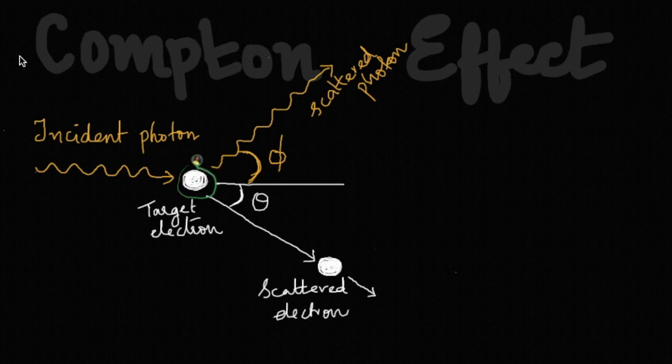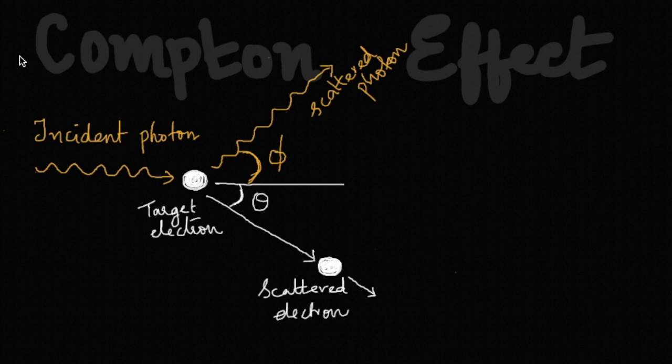You can see that after the collision between the two, the incident photon is now moving in a different direction, say phi with the reference line, that is a scattered photon, and this target electron which was initially at rest has now started moving in a particular direction, say theta with the reference. So this is the scenario of the interaction between incident photon and the target electron.